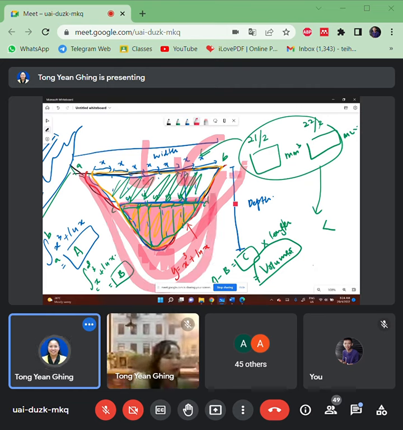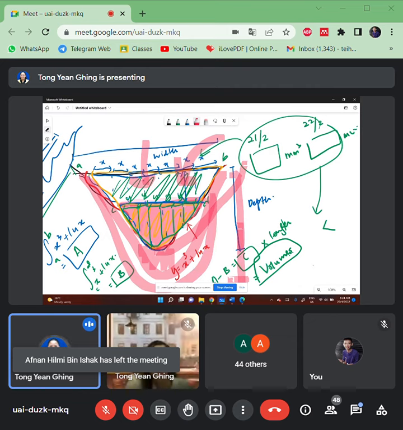So you have to know how much we have to increase the depth of the river, for example. This is just an example.